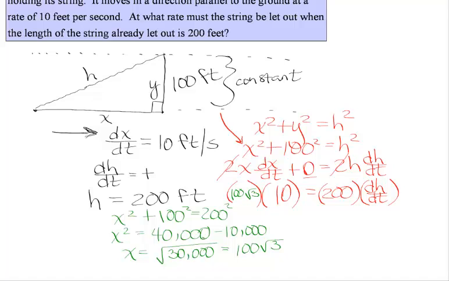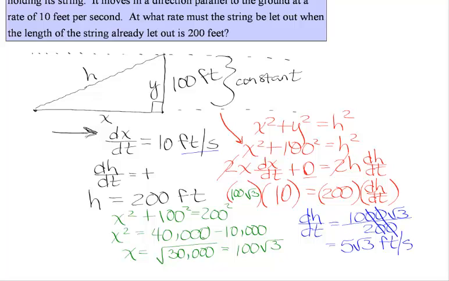Now I'm simply going to solve for dh/dt. dh/dt must equal 10 times 100 root 3, that's 1,000 root 3, over 200. So 10 divided by 2 is 5, root 3. And the units are feet per second. Ask in words, answer in words.